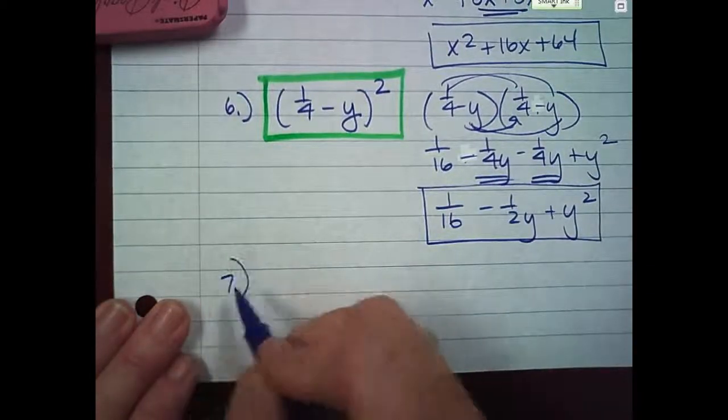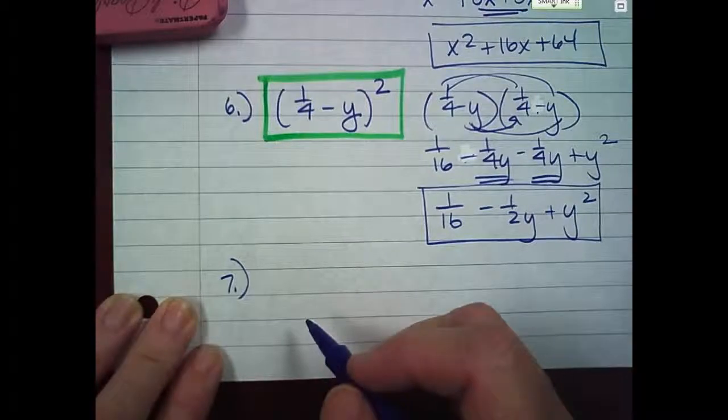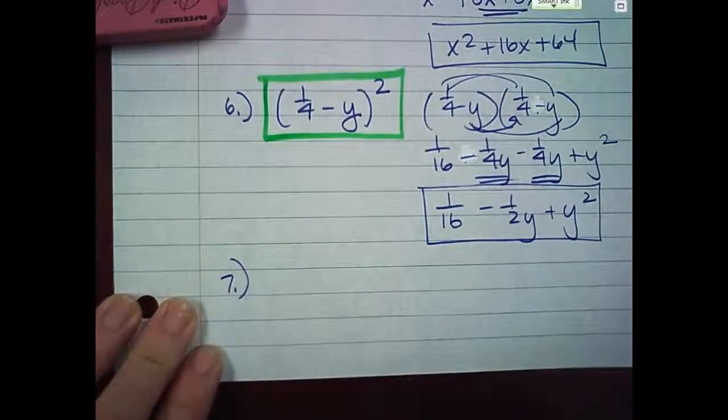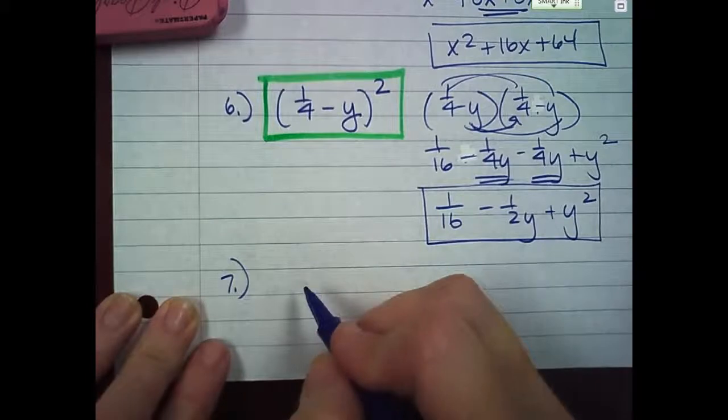Number 7. We have 2 more. Okay, 1 and 9.